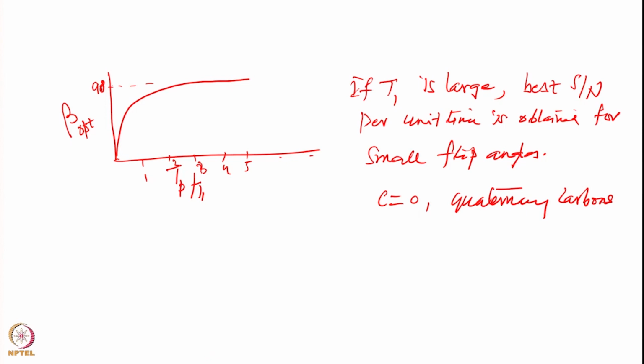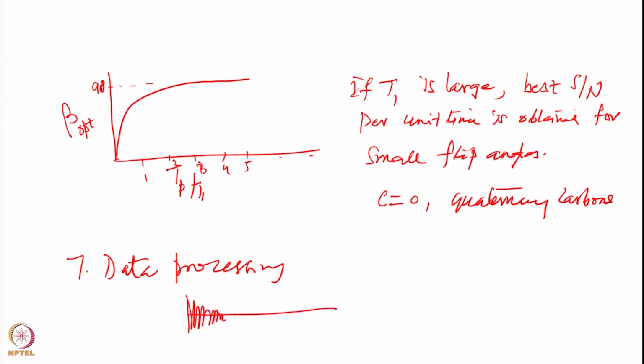One more point we have to consider here is the digital filtering and data processing aspects. The next is 7, data processing. Data processing is basically the Fourier transformation. Suppose I have an FID which goes like this, and I do not wait for the entire FID to decay down to 0.